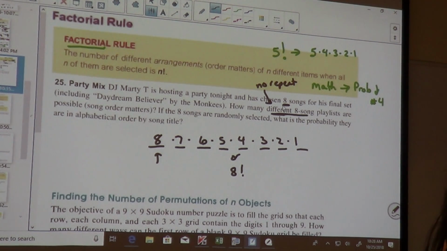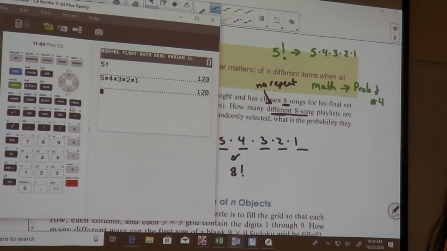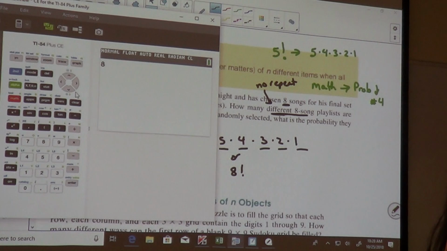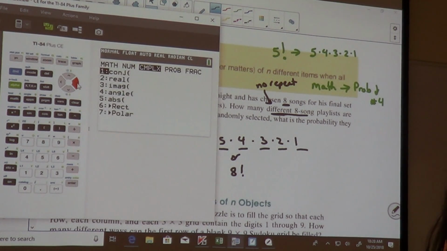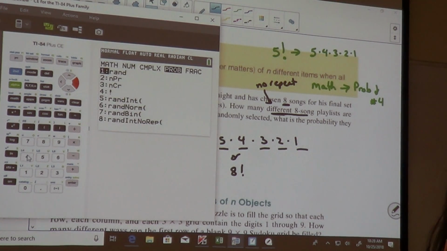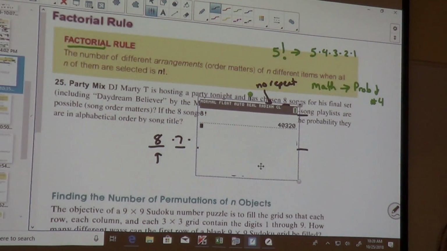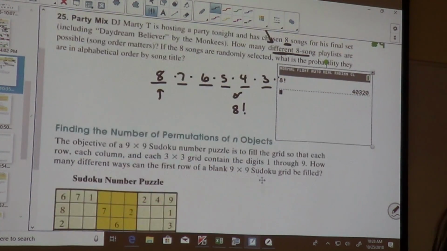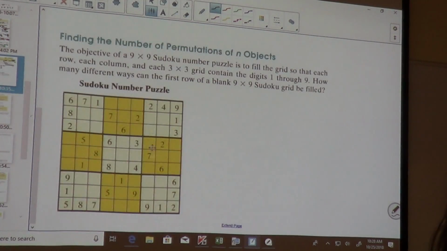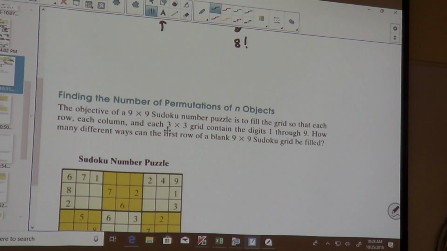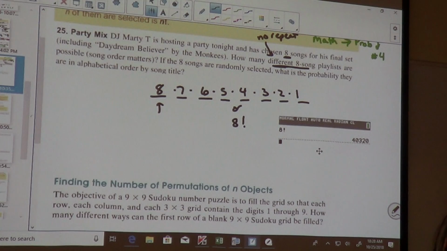So we would do 8 times 7 times 6 times 5 times 4 times 3 times 2 times 1. Over in probability, down to number 4, we would do 8 factorial. So there are 40,320 different ways that he can play 8 songs without repeating.